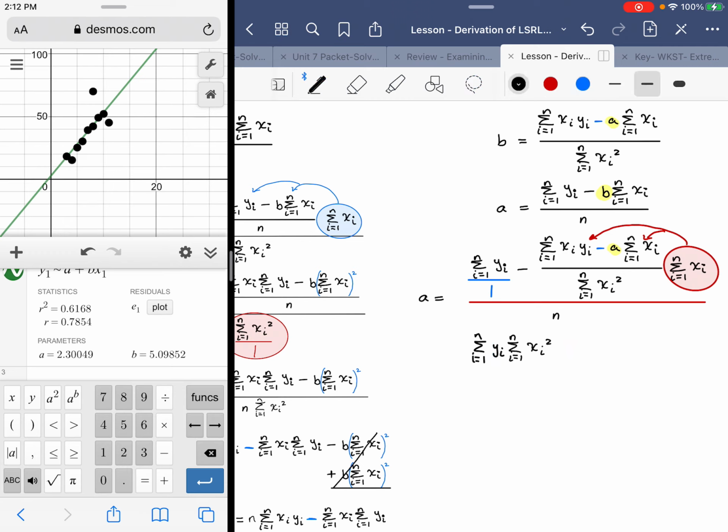It's not really an assumption as much as it's algebra. Minus the sum from i equals 1 to n of x sub i times the sum of i equals 1 to n.